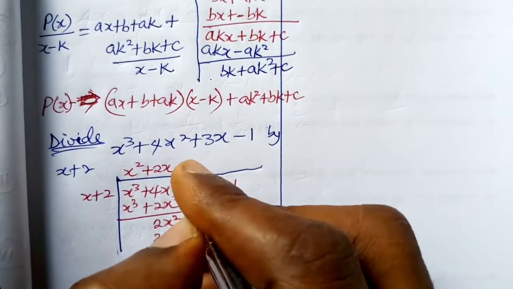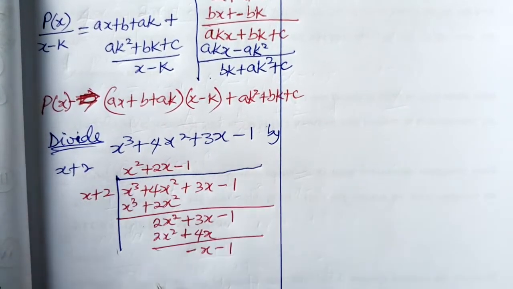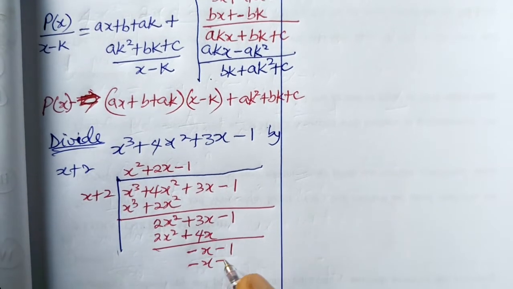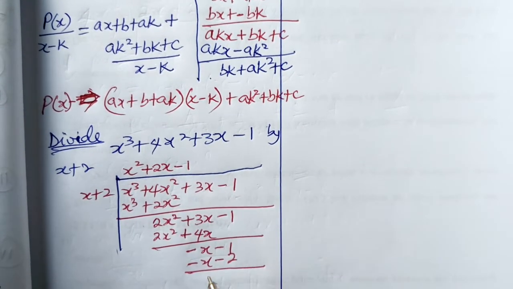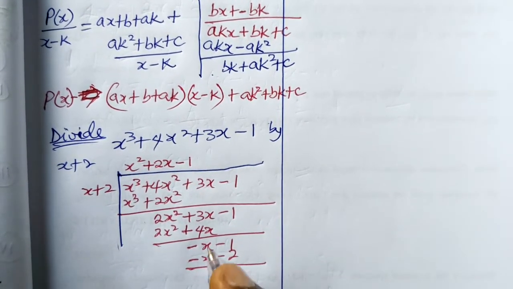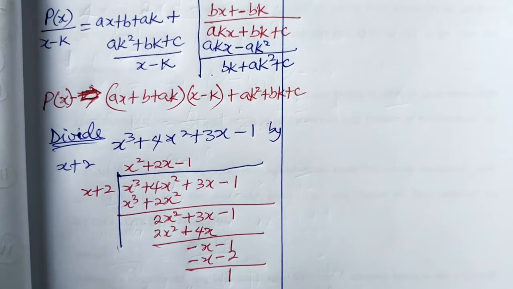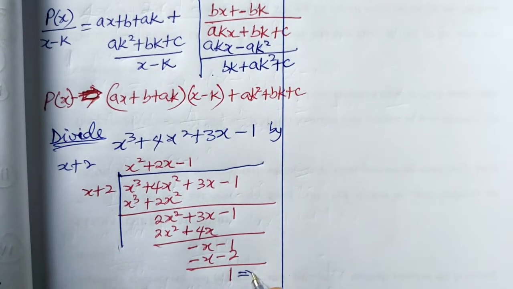The next one will be minus 1. This into this will give us minus x, and this into this minus 2. So this and this give 0, and this and this, minus 1 minus minus 2 is 1. So it means that minus 1 is our remainder.